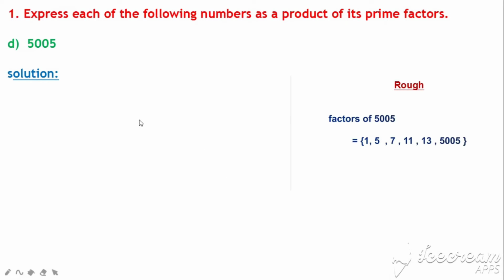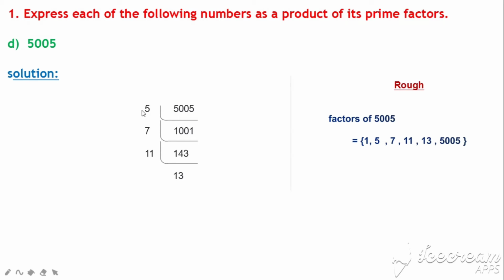So express 5005 as a product of prime factors. Now 5005 can be expressed as 5 into 1001. Now 1001 can be expressed as 7 into 143. Now 143 can be expressed as 11 into 13.